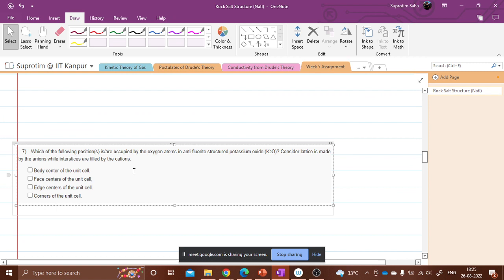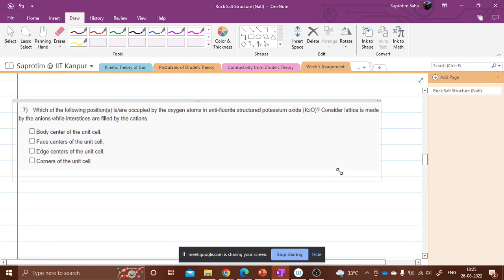This is absolutely the case. Okay, now this is a typical question. Which of the following positions is or are occupied by the oxygen atoms in an antifluorite structure, potassium oxide? Consider that the lattice is made by the anions, while interstices are filled by the cations, right?